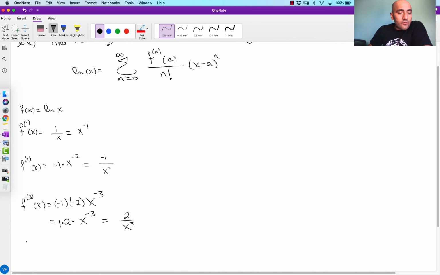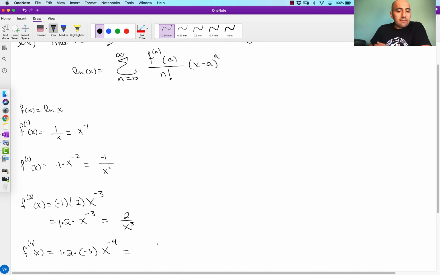That's the third derivative. What about the fourth derivative? The fourth derivative of our function is going to be this guy. Okay, so now the pattern is going to be 1 times 2 times negative 3 x to the power of negative 4. And so this is going to stay negative now.